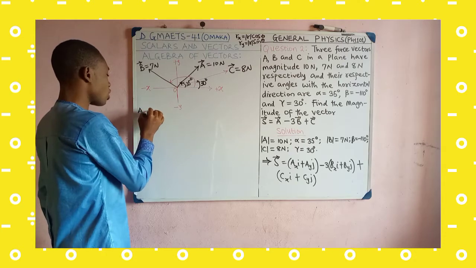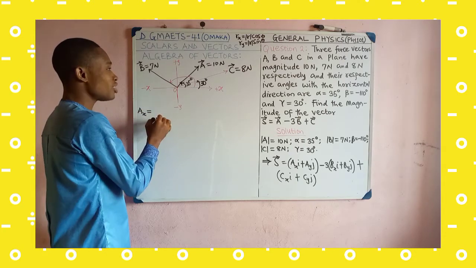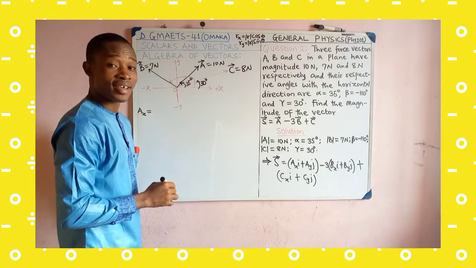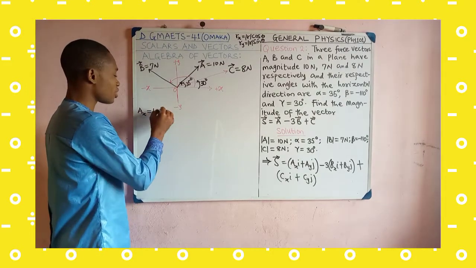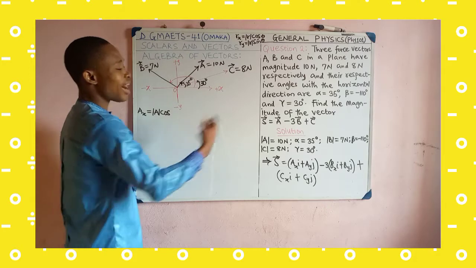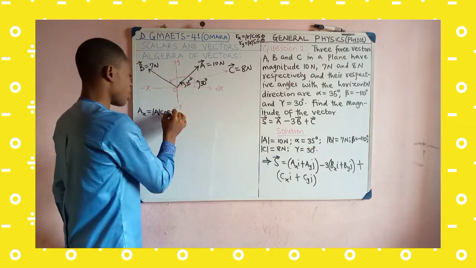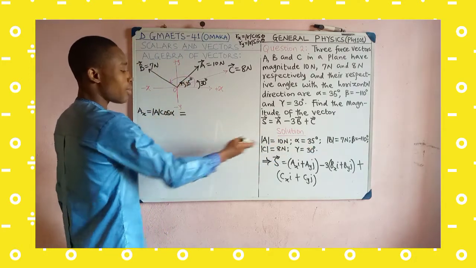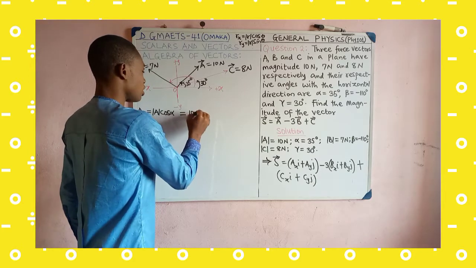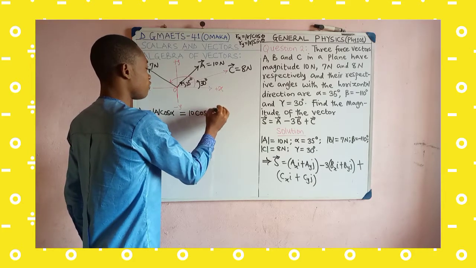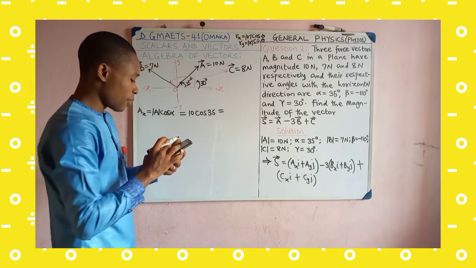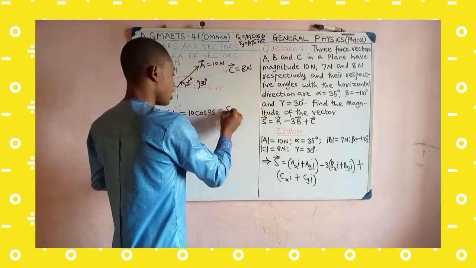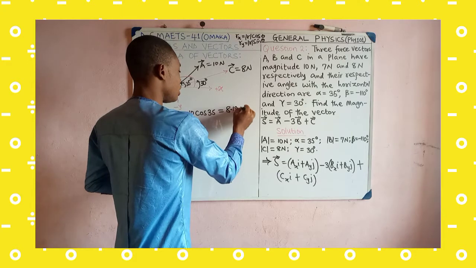The Ax coordinate is going to be magnitude of A, let me show for the first one, then the others will just follow, cos the angle that A made, which is 35, alpha. Magnitude of A is 10 Newton, cos alpha is 35 degrees. So let us see what this is going to give to us. Is that okay? If you work it out, you're going to get 8.19 Newton.